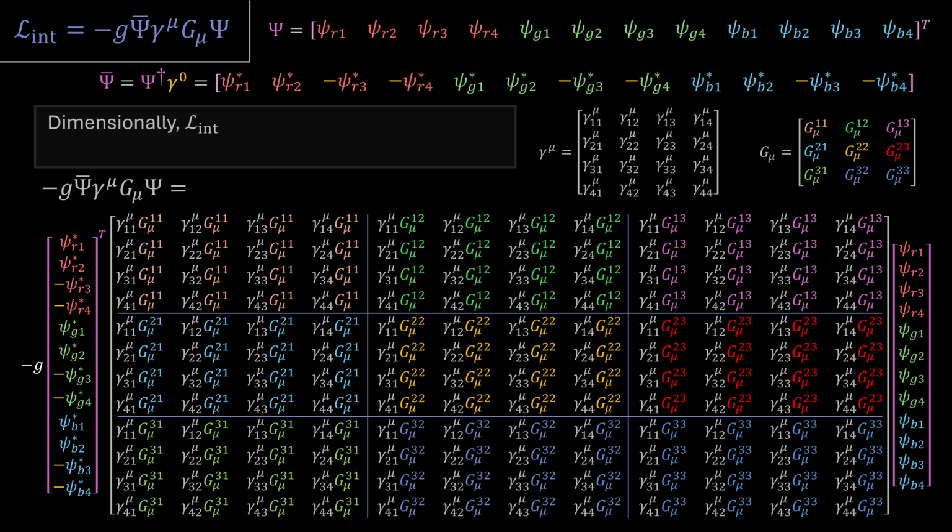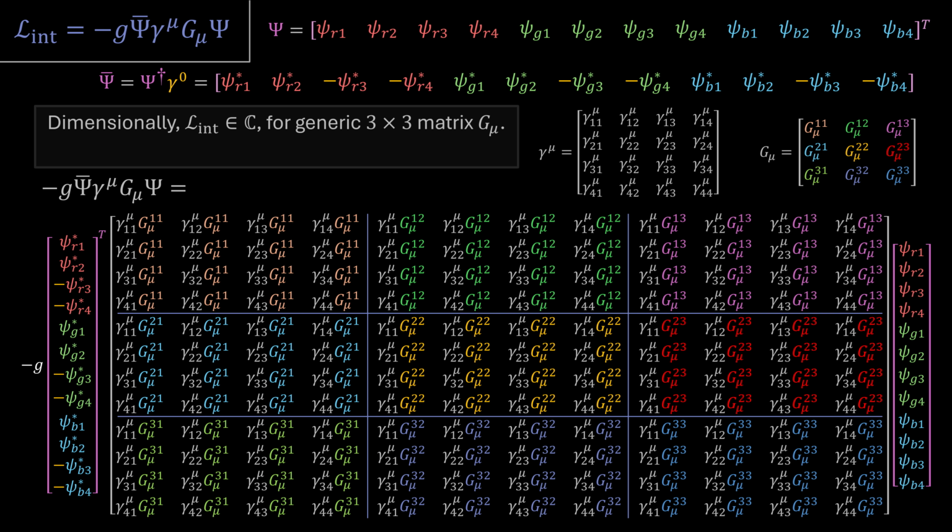The second lesson is that the interaction term is going to be a scalar-valued thing. The reason being, you look at the matrix here, and it's a 12 by 12 matrix comprised of complex numbers. When that multiplies our column of 12 complex numbers, we end up with a transformed column of complex numbers. Then, when that transformed column is left multiplied by our row of complex numbers, you have a row times a column, and that gives you a scalar.